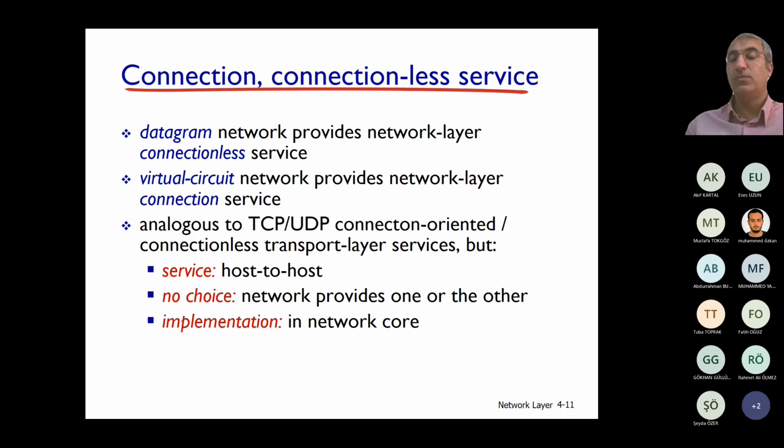Your network selects either a datagram network or a virtual circuit network. And when it comes to implementation, the datagram network and the virtual circuit network are implemented in the network core, compared to TCP and UDP, which are implemented at the network edge.